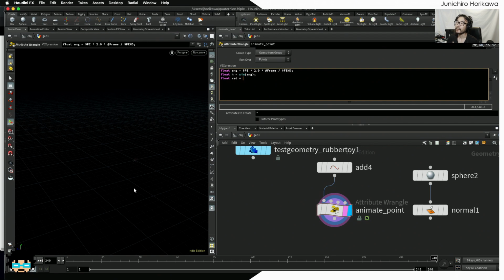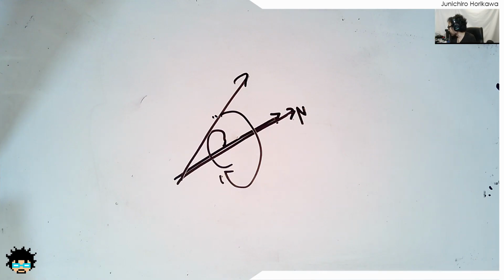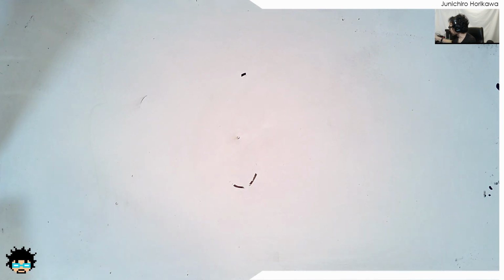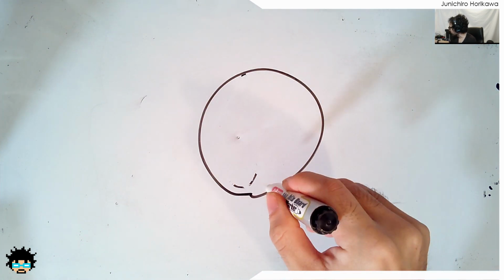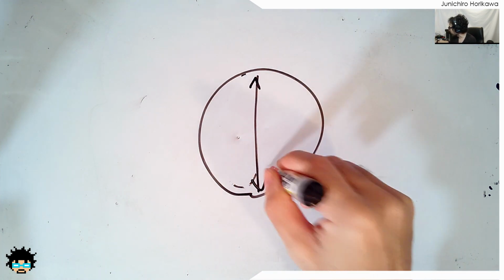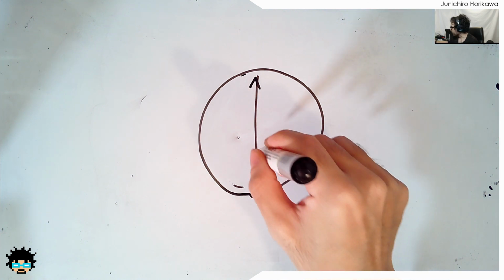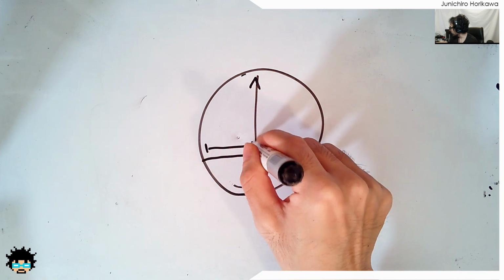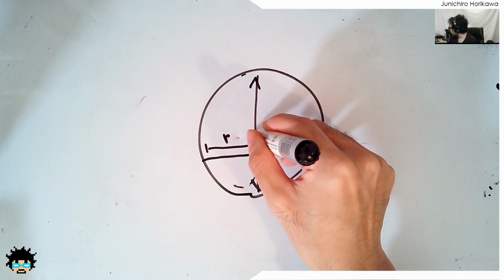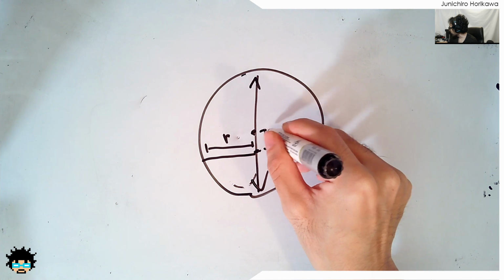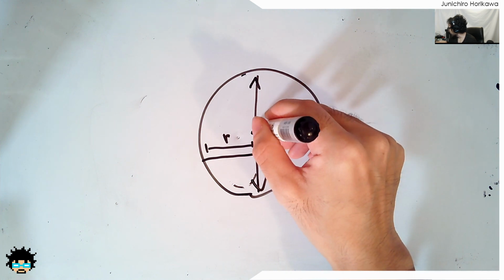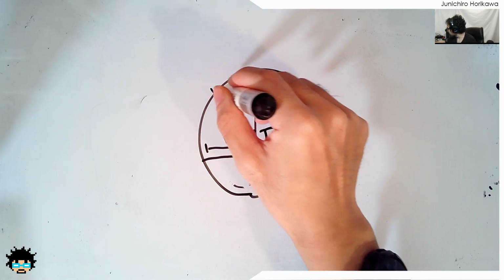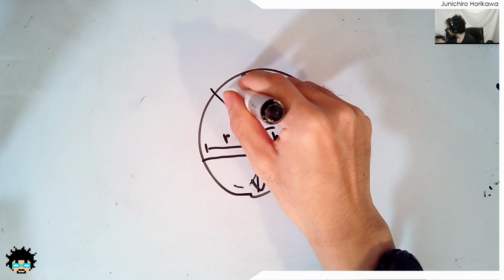Now if we think about how the point should transform, the point is going up and down like this, right? At some point here, you want to get this radius right here, and what you only know right now is this h value and also the whole radius.